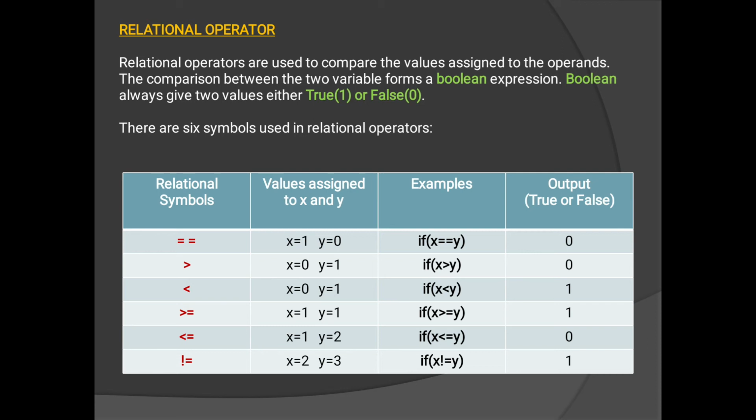Since 2 is not equal to 3, you get the value 1. Now if suppose x is 2 and y is 2, then 2 is equal to 2, in that case you get the output 0. Since the x and y values are the same, you get the value 0, that is false, right?